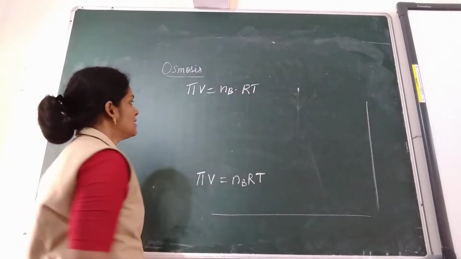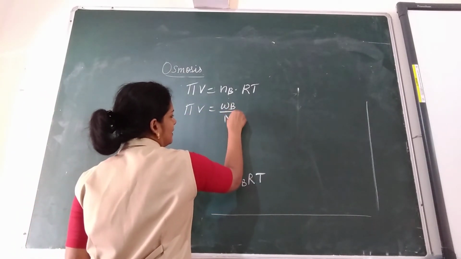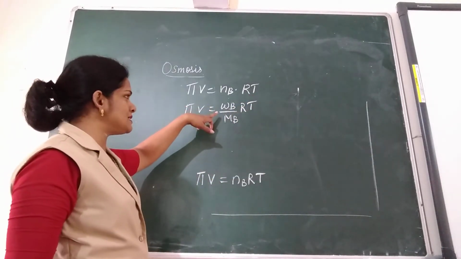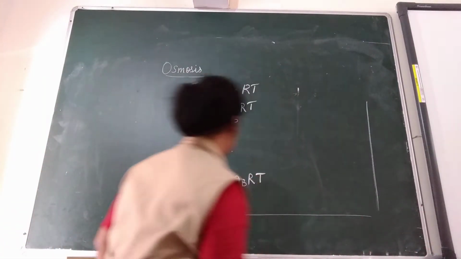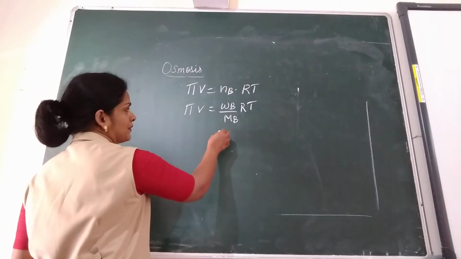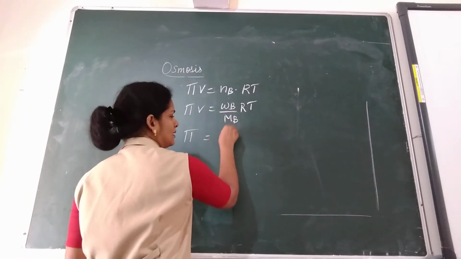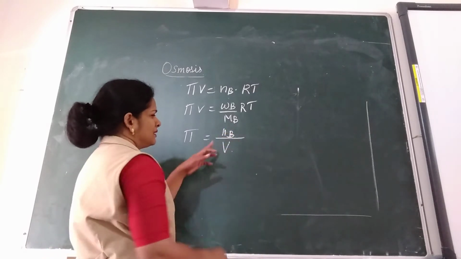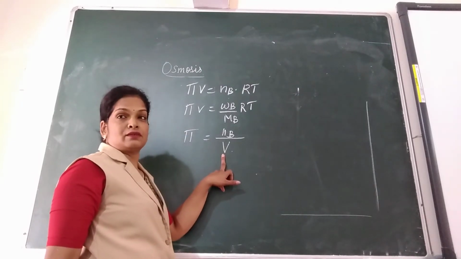Moles of the solute. Pi is equal to WB upon MB into RT, where WB is the weight of the solute and MB is the molar mass of the solute. Taking V to that side, you can write it as WB upon MB, that is, the number of moles of solute in 1 liter of solution.